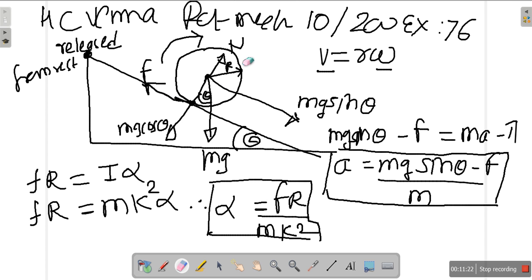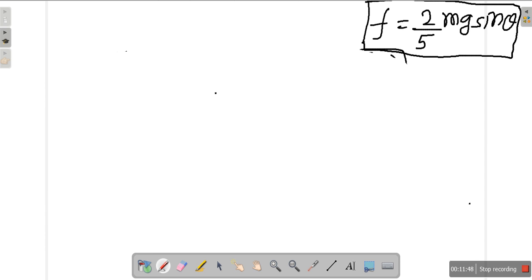You can see here that the normal reaction N is balanced by mg cos theta. So N is going to be equal to mg cos theta, and the force of friction is mu into N, right? So we will get a relationship. N is equal to mg cos theta and f is mu into N. So we'll use that.